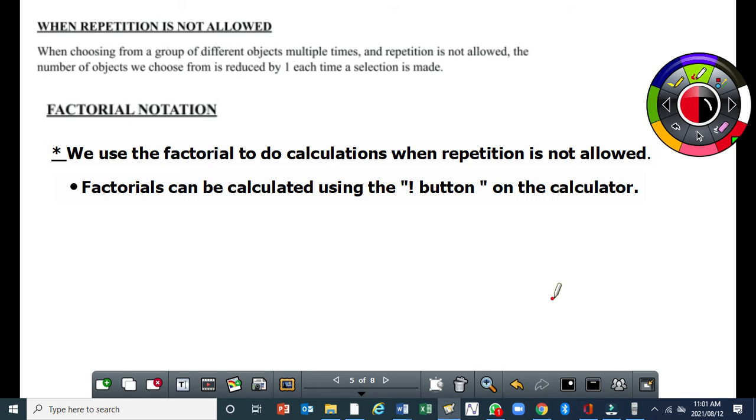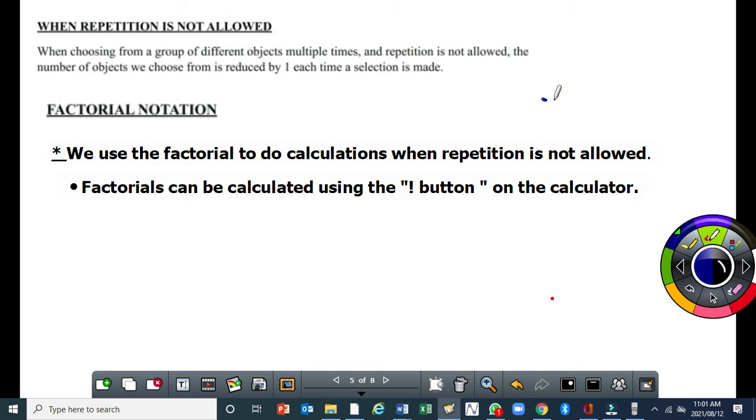The concept is the case where the repetition of objects is not allowed. When the repetition of objects is not allowed, in the case of the example of a three-letter word which is supposed to be formed by the 26 letters of the English alphabet, it means that if you want to make a word which has got three letters using the 26 letters, but the repetition is not allowed, the first position can accommodate all 26.